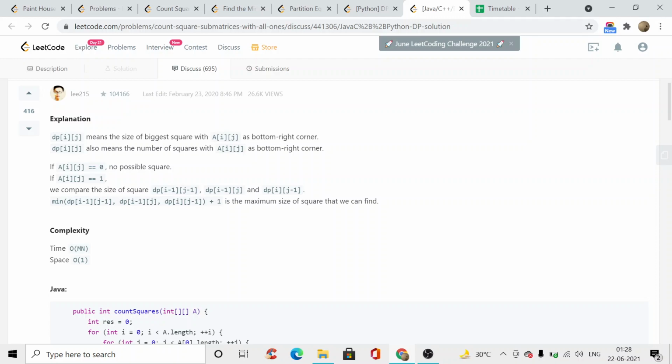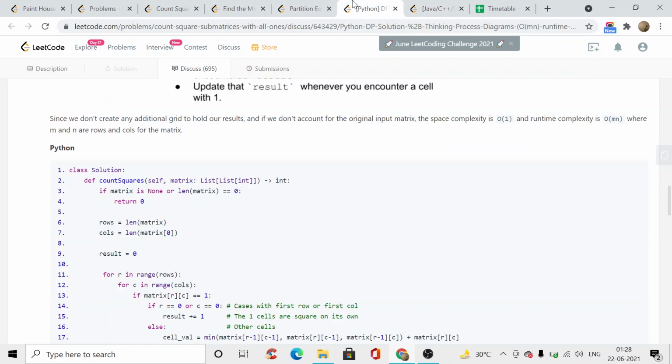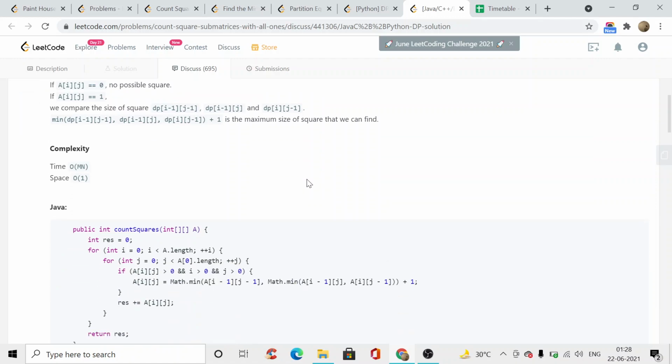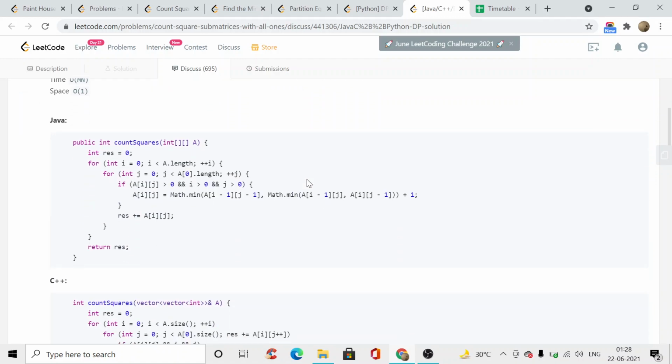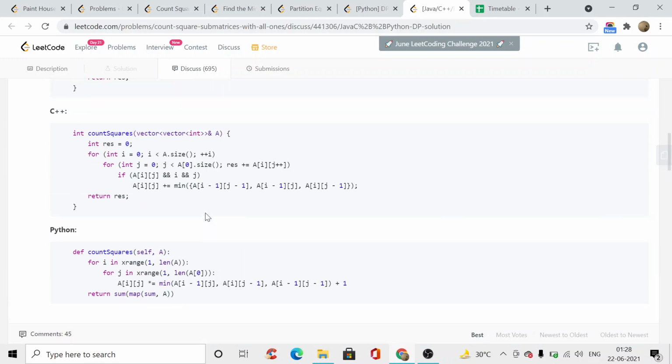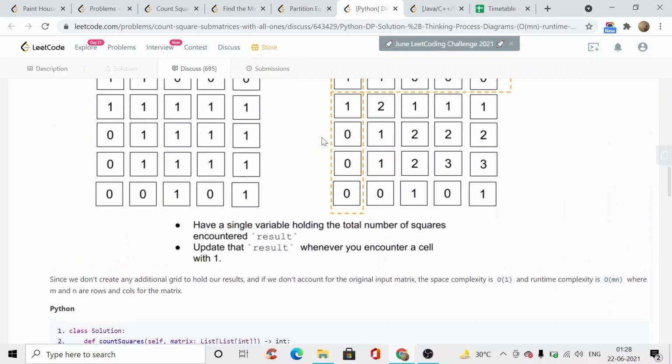If a of i, j is equal to 1, we compare the size of the square of all three of these. Okay. It's doing the same thing as described over here. Oh, it's better code. Let's check this out.